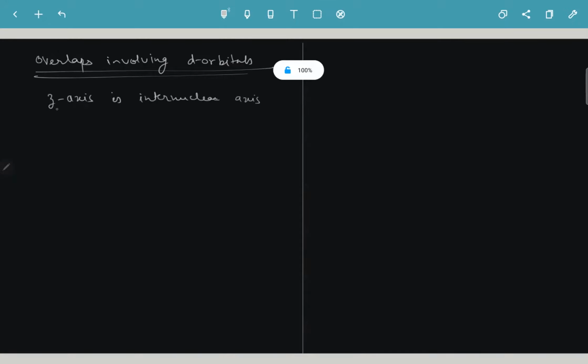Okay, Pz plus dz square will give a sigma bond. How? Look carefully. This is a pz orbital.